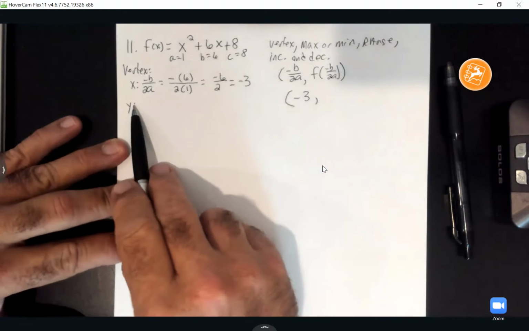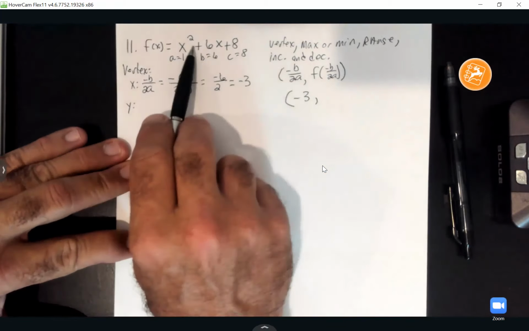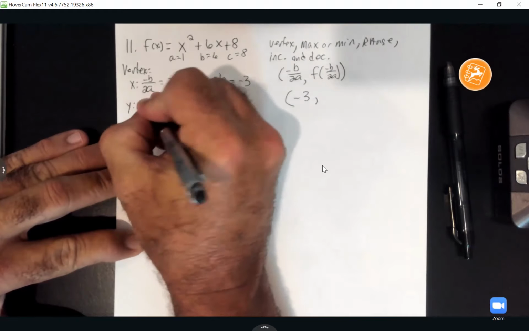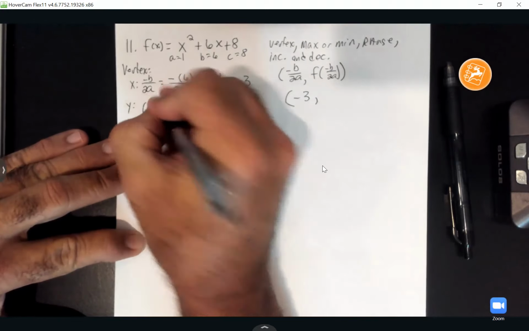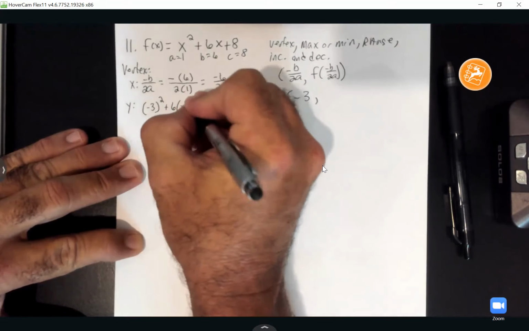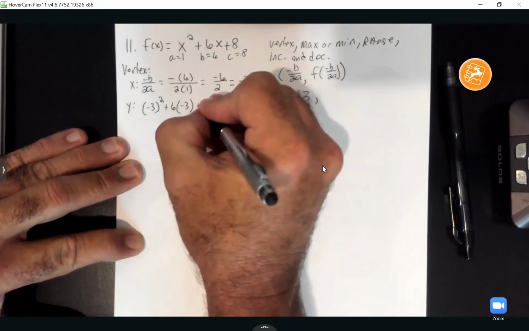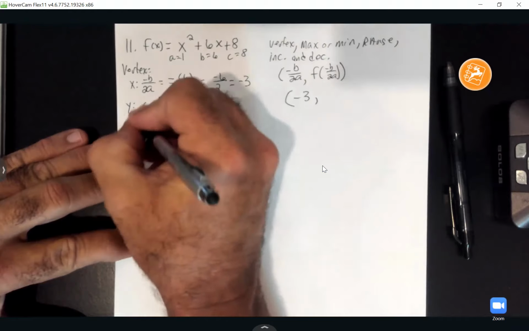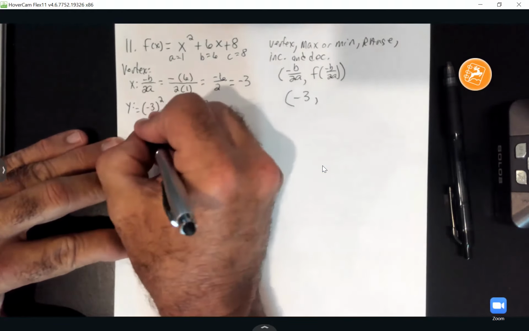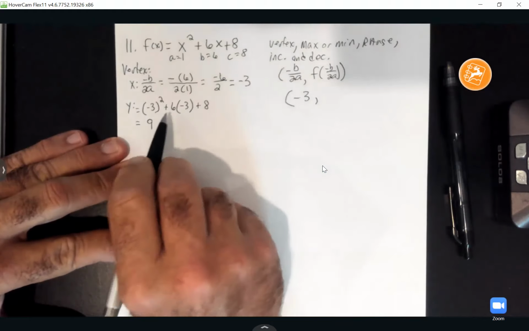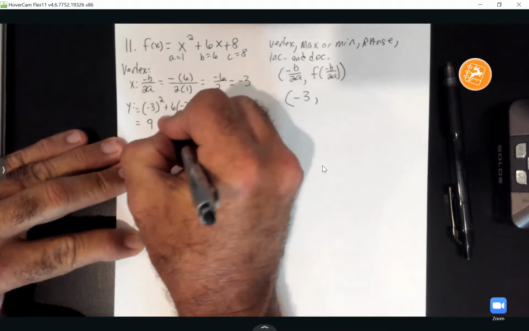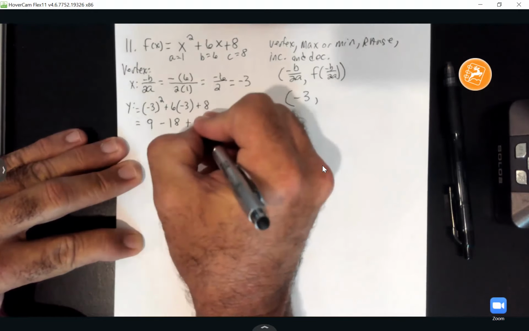Remember, to get the y value, I'm going to plug that negative 3 back into this equation. So I have negative 3 squared plus 6 times negative 3 plus 8. Negative 3 times negative 3 is a positive 9. 6 times negative 3 is a negative 18, and then plus 8.